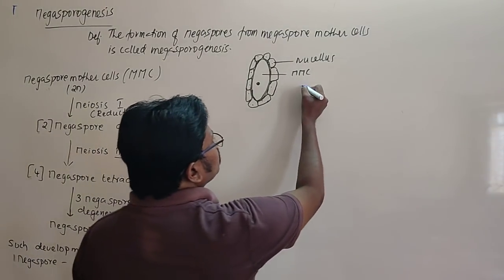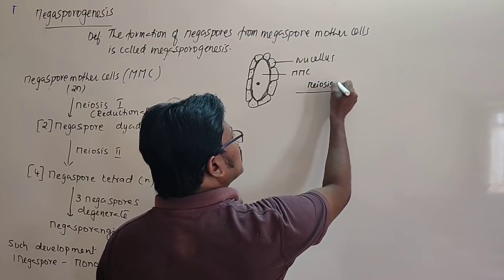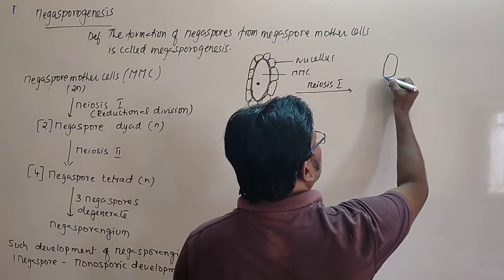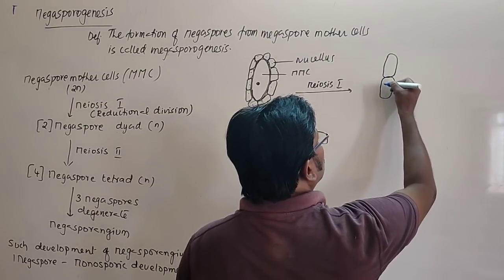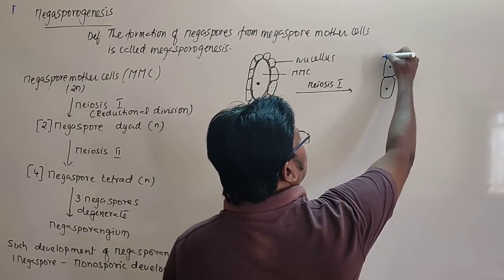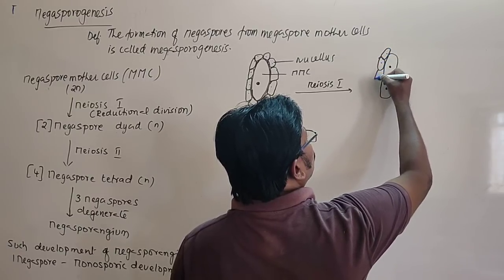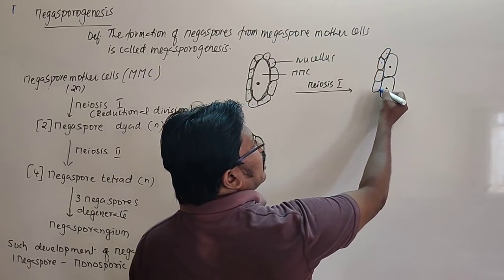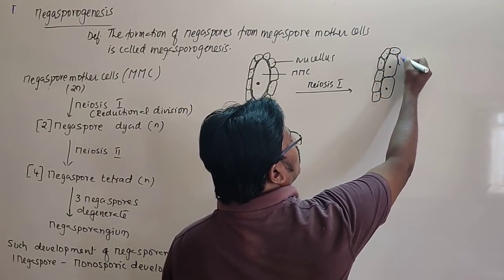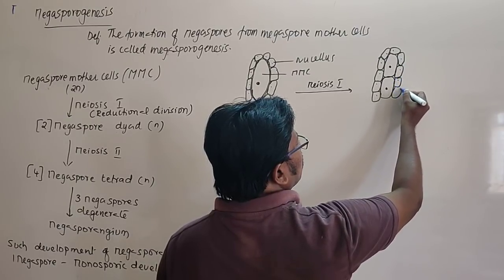It undergoes meiosis I, and that results in the division of the megaspore mother cell into two daughter cells, and those two will be haploid in condition, and they are called the megaspore dyad. You can see here.